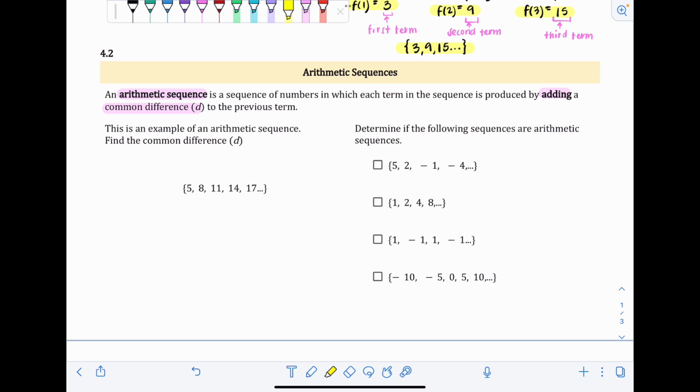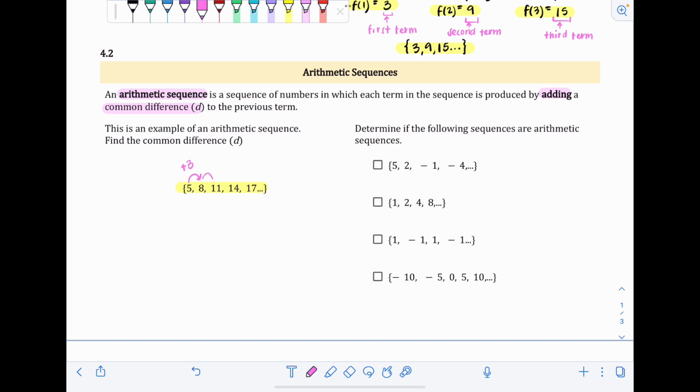Okay, so right here, this is an example of an arithmetic sequence, and if we want to find the common difference d, we just need to figure out what is being added to each term to get the next term. There's a couple different ways that you could do this depending on how simple your numbers are. On this one, it's pretty straightforward. To get from 5 to 8, I would have to add 3.